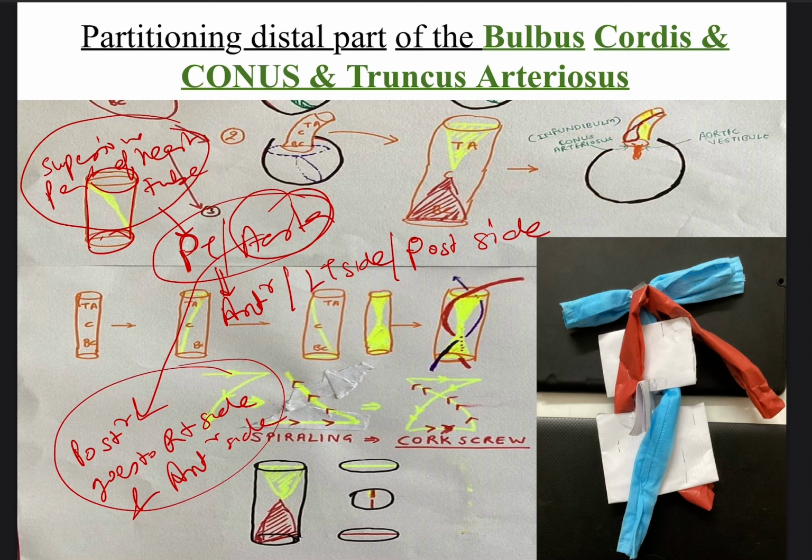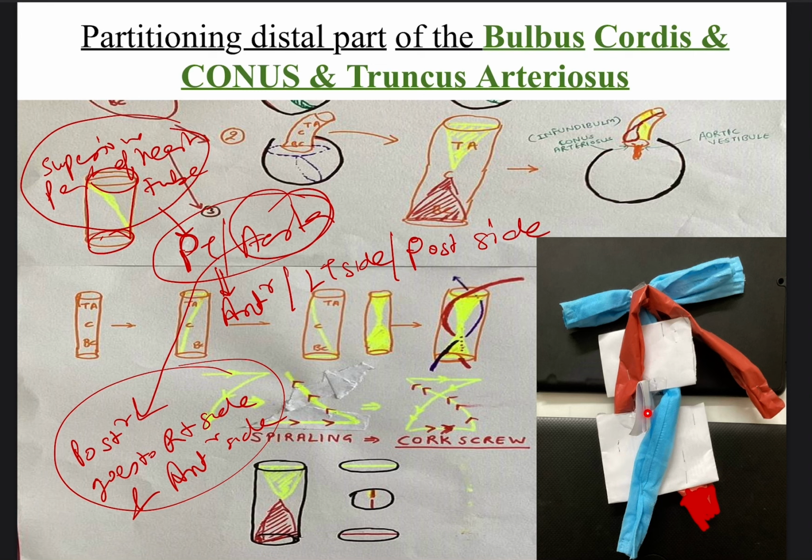We will develop the spiral septum in a few minutes, but please see what happens after development of this spiral septum. If you look at the aorta, which is initially posterior, I make a spiral septum through three pieces of paper. This is the first piece of paper.